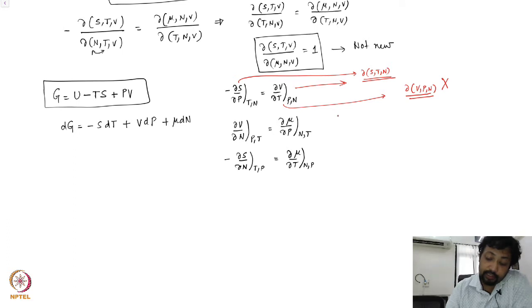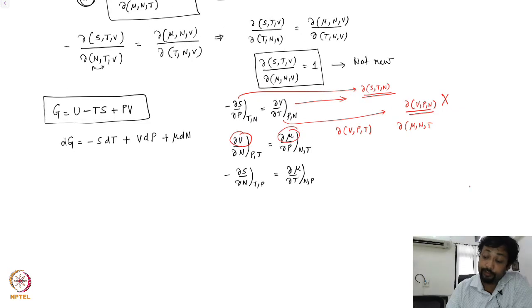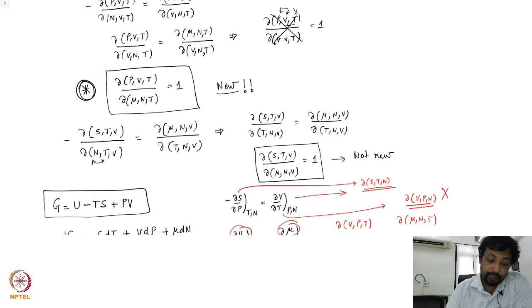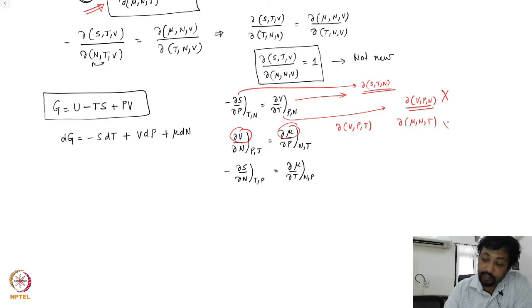What about this? This is again V, P and T, this part, and the right hand side would be mu, N and T, in the form of a Jacobian. Do I have V, P and T over here? So this one again does not give you a new Maxwell relation.